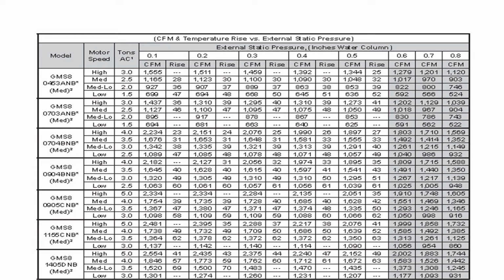So what this chart is telling us is that the equipment manufacturer tested each piece of equipment specifically at a given constant static pressure, and that is the corresponding airflow at that static pressure. So if you have a given piece of equipment at a given static pressure, you know exactly what the airflow is going to be. It's a very helpful chart in calculating both airflow and static pressure.